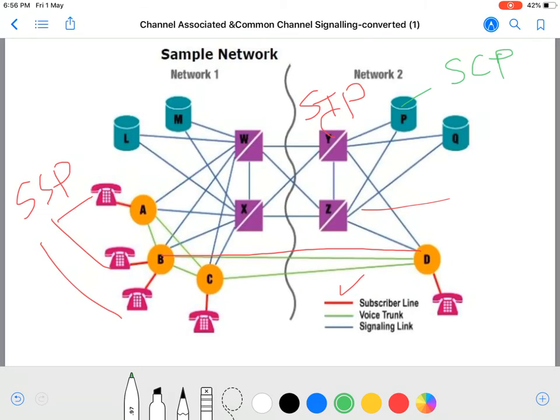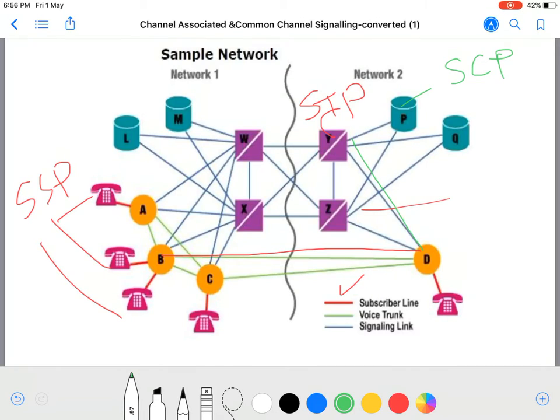In the routing, we require all the databases. So signaling control points are all connected to the STPs, and ultimately the signal is converging to the destination where the called number is, that is at D. So this is a basic block diagram of an SS7 network.